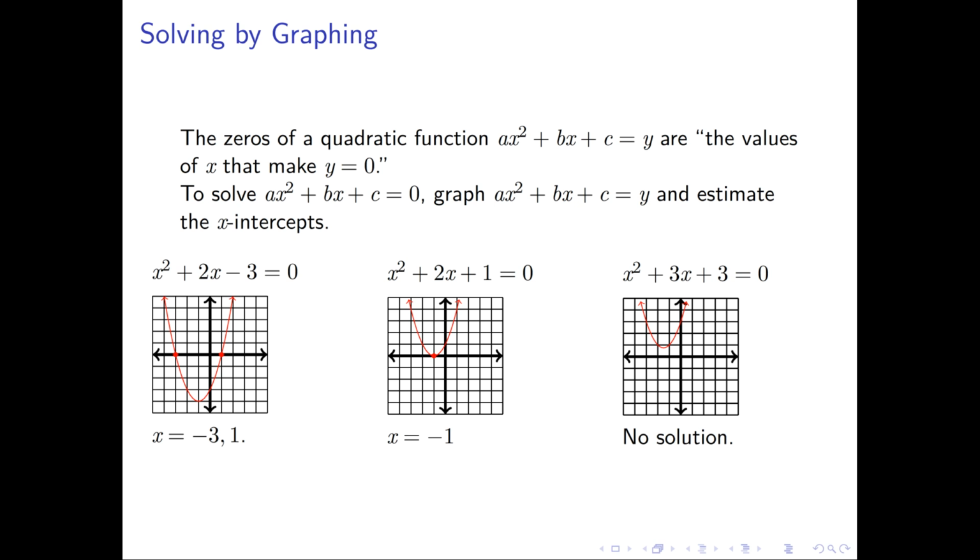Finally, if you look at the graph on the right, x squared plus 3x plus 3 equals 0, you will notice that the graph doesn't cross the x-axis. There are no x-intercepts, so in this case there is no solution. Those are the three possibilities when you are solving a quadratic equation. You'll either get two solutions, one solution, or no solution.